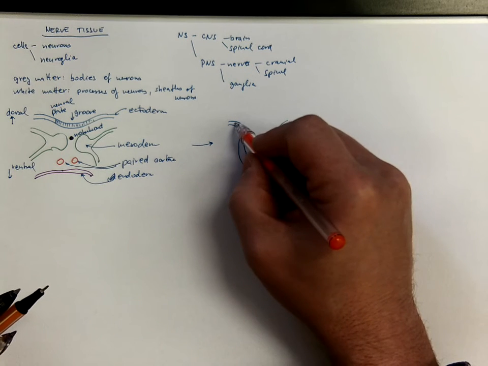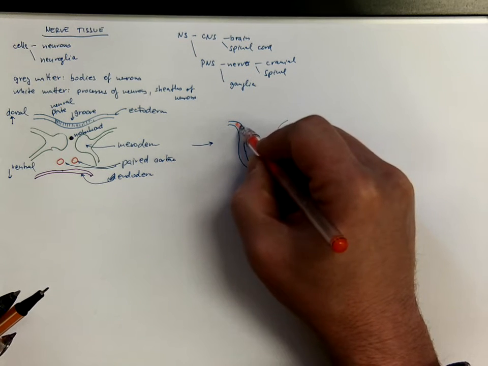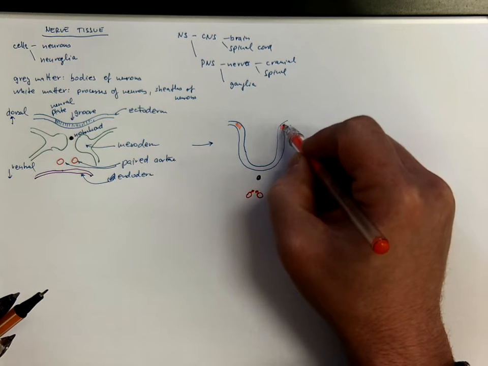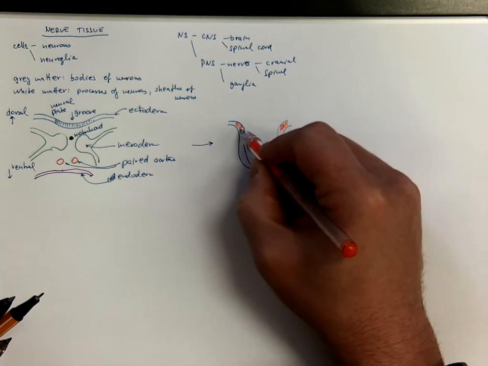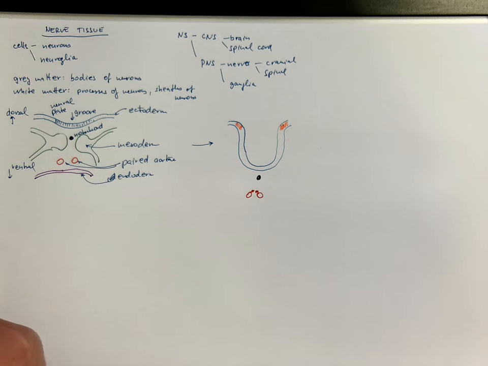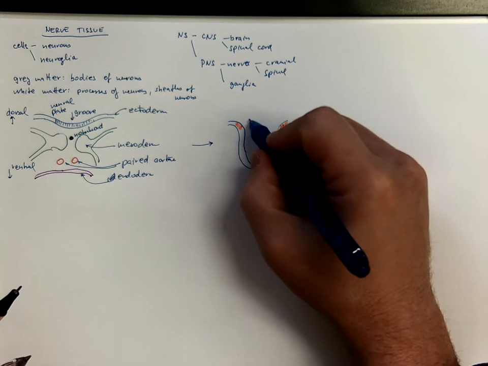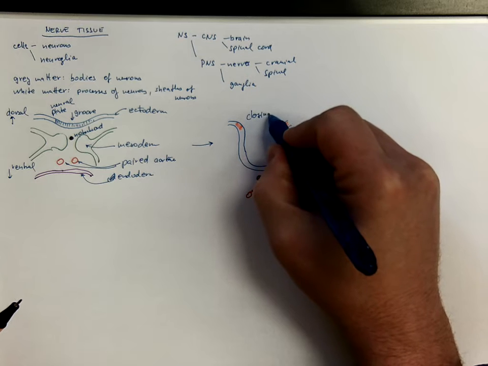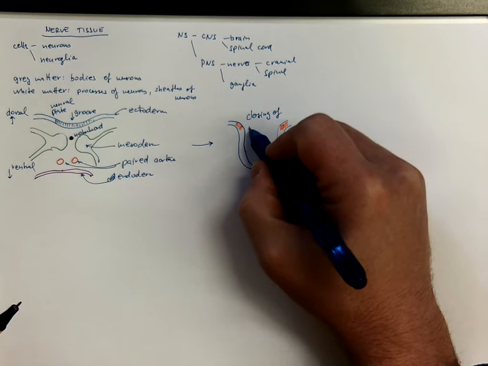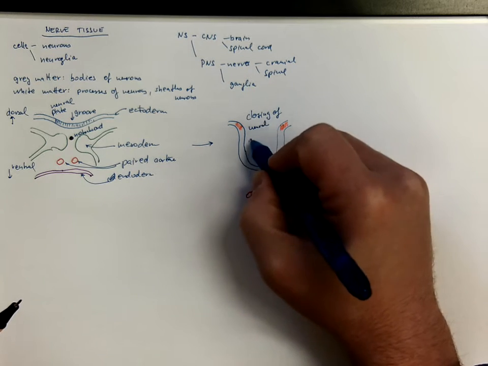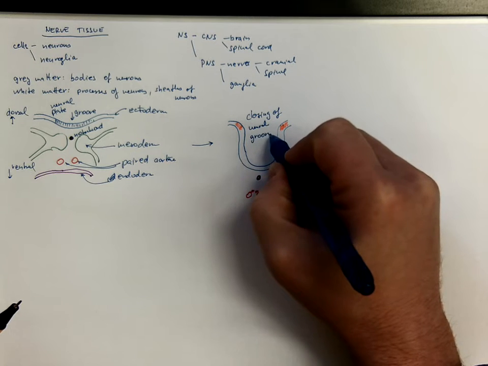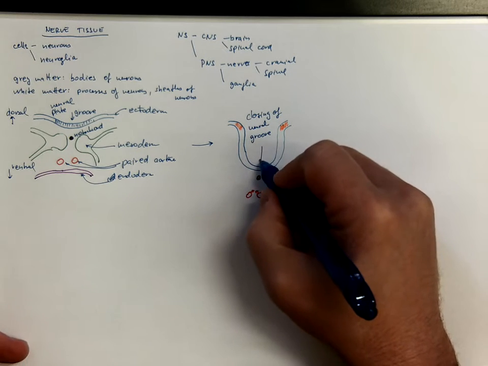And this material here will become a special organ, and next step, so I'll mark it with a different color. So this is closing of the neural groove and invagination.